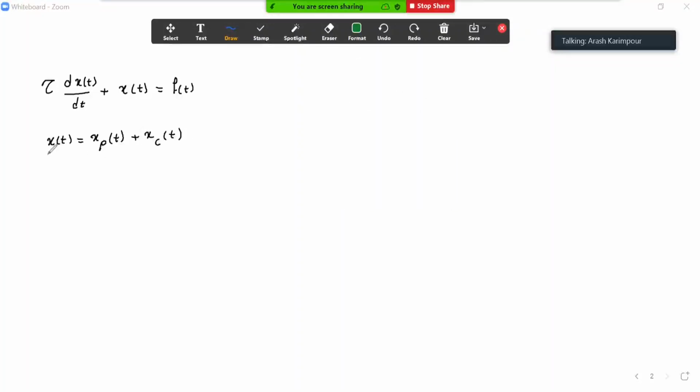So this is the general solution. Basically it means that this value should satisfy the equation here. This is a differential equation, and this general solution, if I substitute it there, should satisfy that. And then we have this one, which is going to be the particular solution.